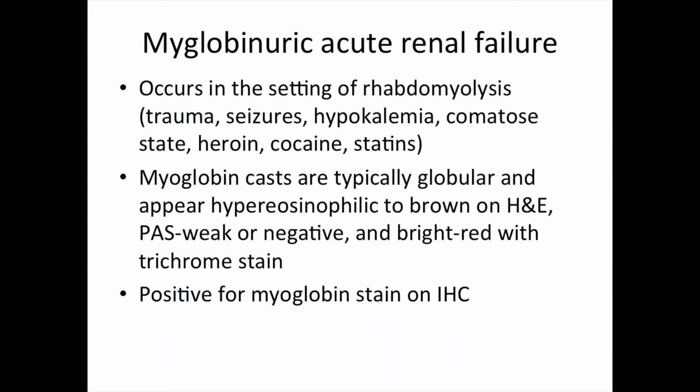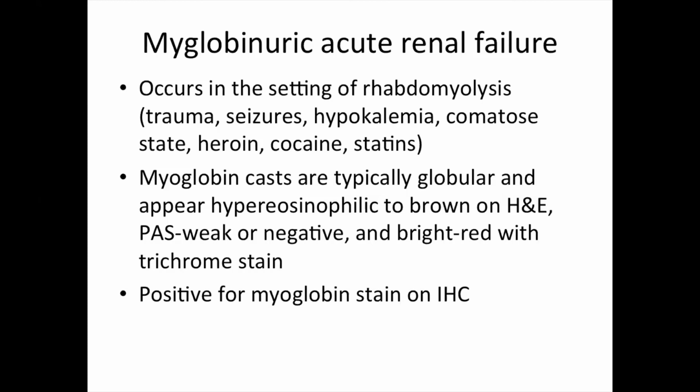rhabdomyolysis, trauma. Somebody's gone through a crash, or somebody's fell, أو إنه كان seizure, they seized, وصار عندهم kind of like muscle loss, أو comatose state, أو hypokalemia, أو use of heroin, cocaine, or sometimes even statins.